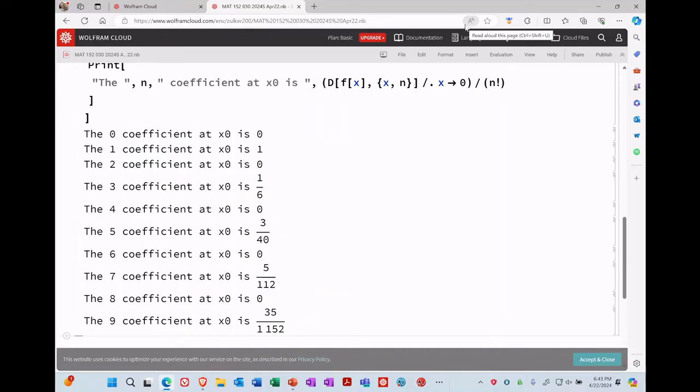Other than only having the odd terms, do you see a discernible pattern? The fact that it's taken this long means the answer is no. There is a pattern.